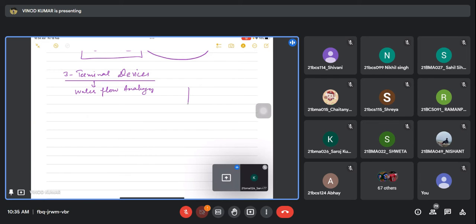So we have a tank here. Tank means we have a source of battery here, which is full of charge. This is the tap, and this is the knob with us.